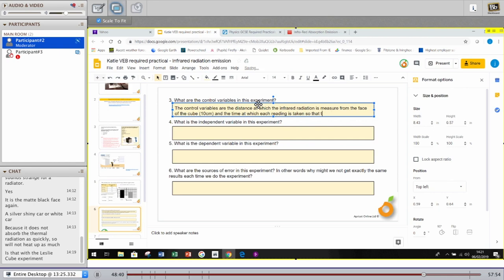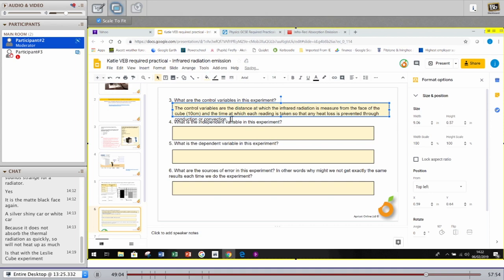So the idea is it's the temperature. We're trying to keep this good, so there isn't any heat loss, so the temperature is the control variable. Well done. So the actual variable that you're controlling is temperature. So do you want to point that out in your answer?